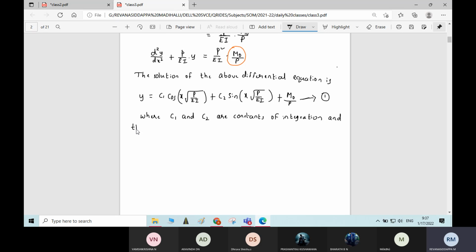All of you write, students, and their values. See, if you just listen to the class, you will lose concentration. That is why keep writing, so that you will have focus on the class. Their values are obtained from boundary conditions.